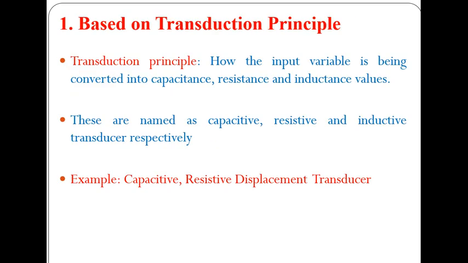At first we have seen classification based on transduction principle, that is the converting principle that we are using for a particular transducer. Suppose a transducer is converting some physical quantity into respective capacitance, resistance or inductance, then that may be called a capacitive, resistive or inductive transducer respectively.